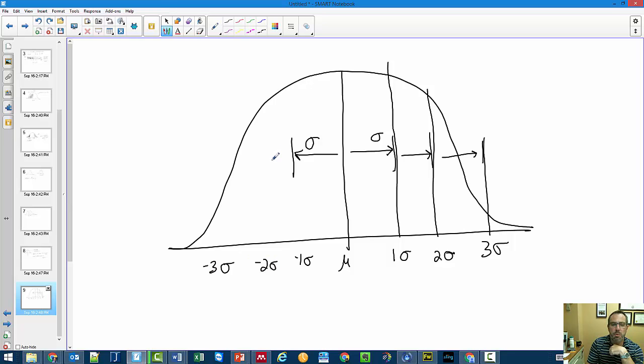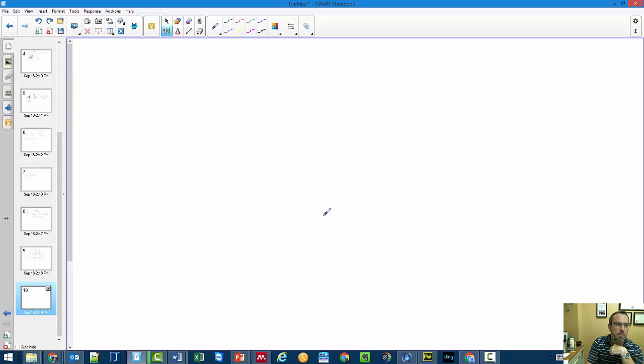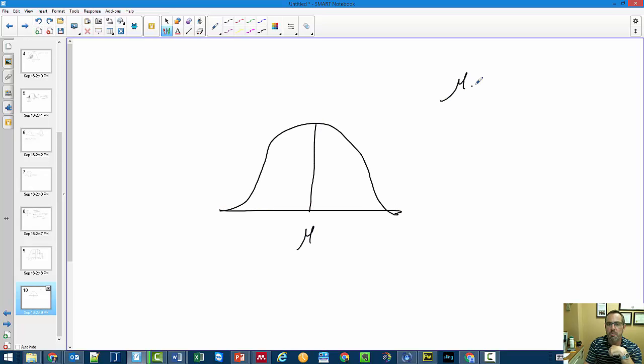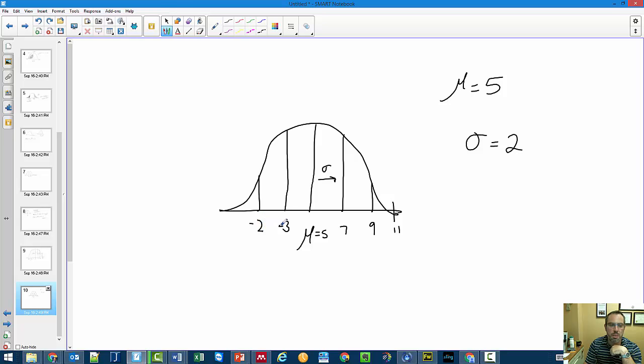Now, again, when we're working with the standard deviation, we're really focused on this idea that if I have a set of data where mu is 5 and the standard deviation is 2, that means I'm going to go up by 2 each time: 7, then 9, and then 11. Going the other way, I can subtract: 3, then 1, and then -1.